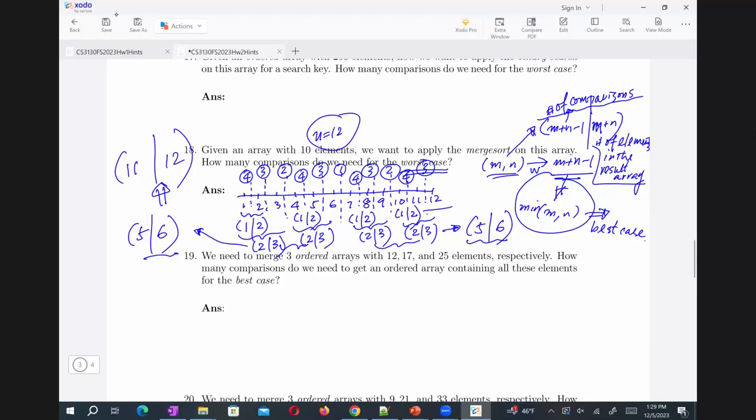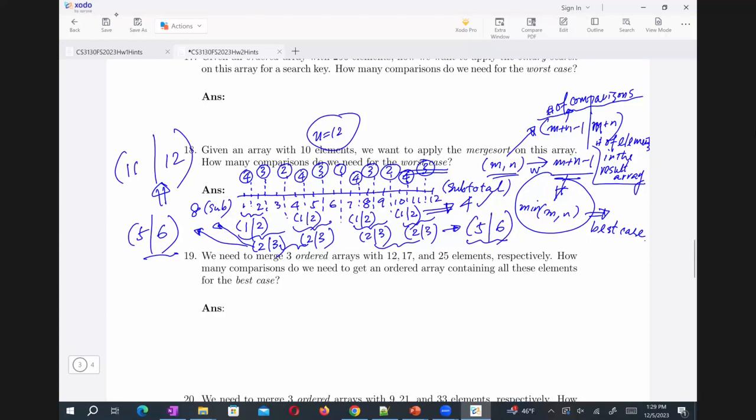So this round, the subtotal comparison, you get 4. This is the subtotal. In this round, the subtotal comparison is 2, 4 times, so the subtotal is 8.